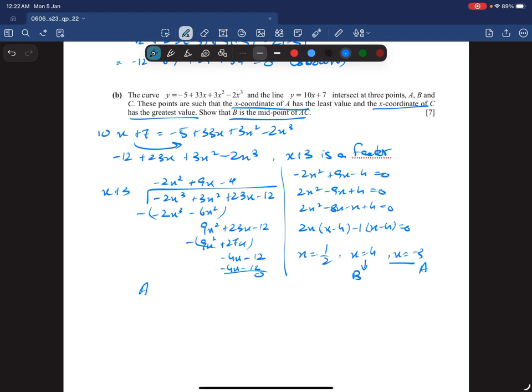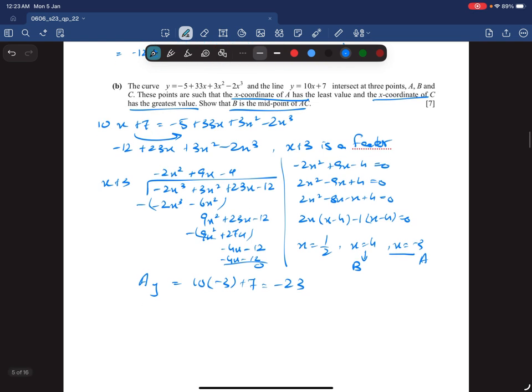For A, y would be 10 into minus 3 plus 7, which gives us minus 30 plus 7, which gives us minus 23. And for C's y coordinate, it would be 10 into 4 plus 7, which is quite easy to do, that's 47.